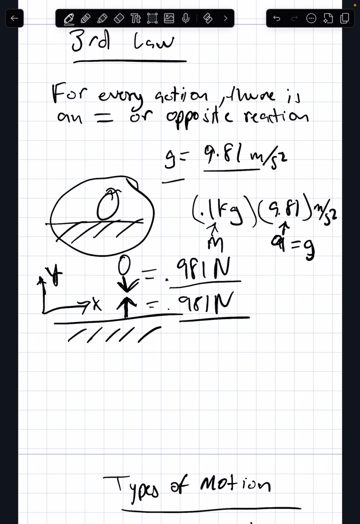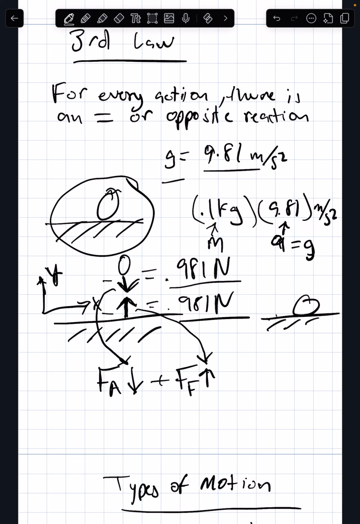All we're saying is that if we take the force of the apple going down, plus the force of the floor, which is this one right here, going up, in order for this to not move, so that the apple is not moving up or down, this is our equation.